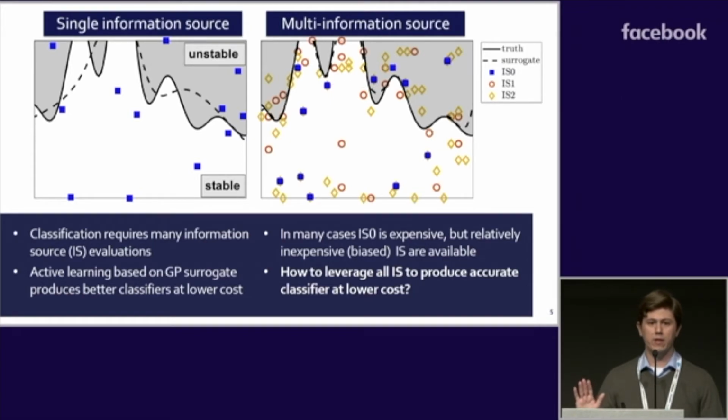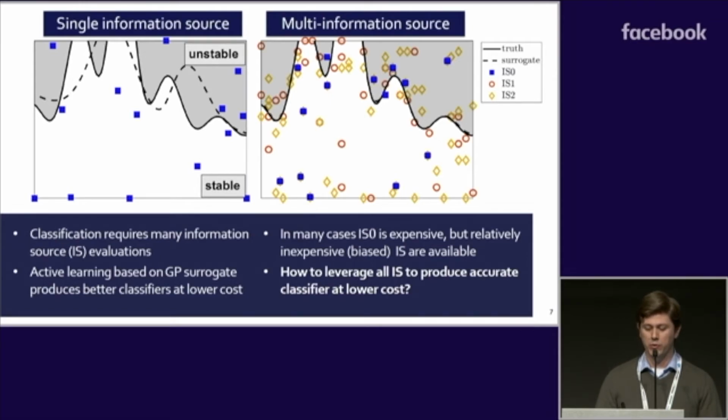And just at the cost of one more IS0 evaluation, the multi-fidelity, multi-information source algorithm has basically nailed the estimate of the contour, whereas the single information source algorithm is still kind of struggling to have a good estimate.